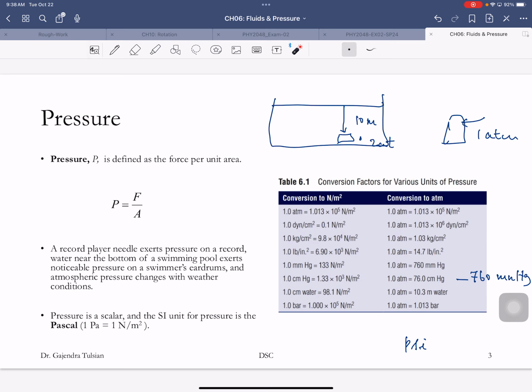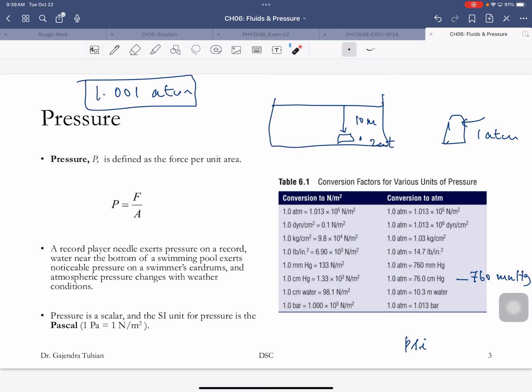People's air tubes collapse when they sleep at night, so the machine pumps air at a slightly higher pressure, 1.001 atmospheres, to keep your air pipes open. Anyway, 1 atmosphere is 10 meters of water.